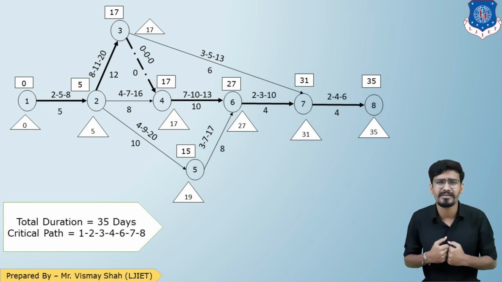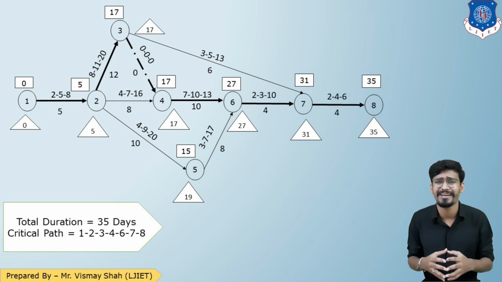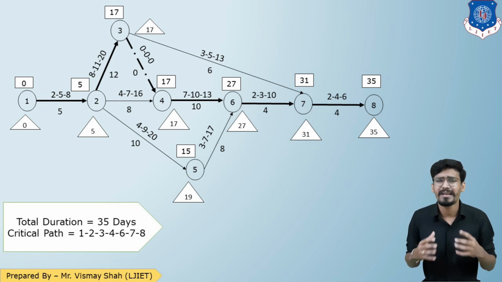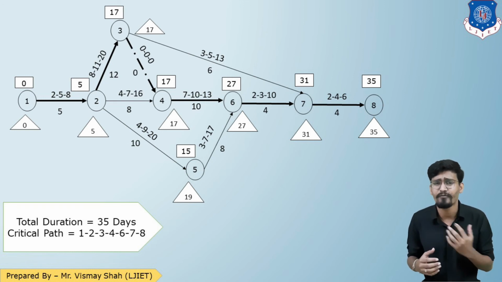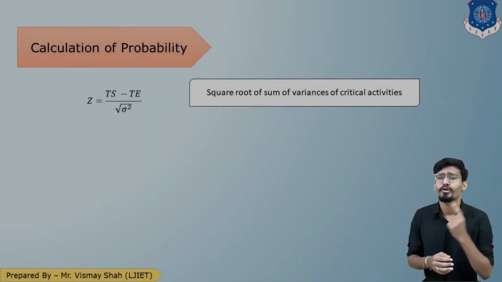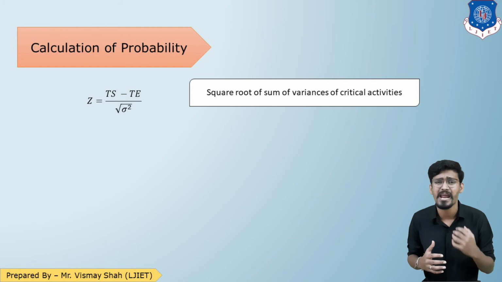Now let us talk about the second question: what is the probability if I want to complete the project in 40 days? When we are involving the concept of probability, we need to find the Z. So the formula for Z is Z equals TS minus TE upon under root sigma square.